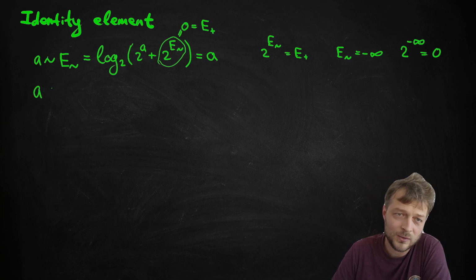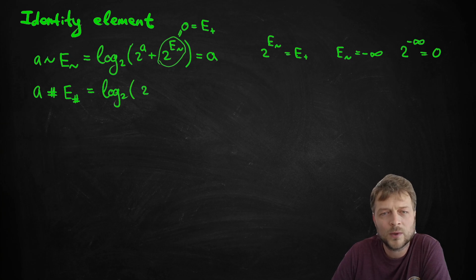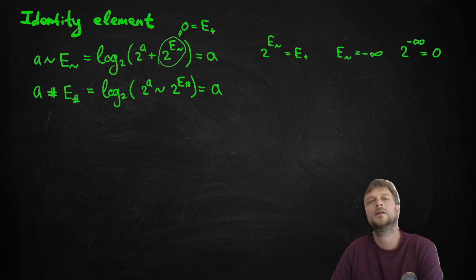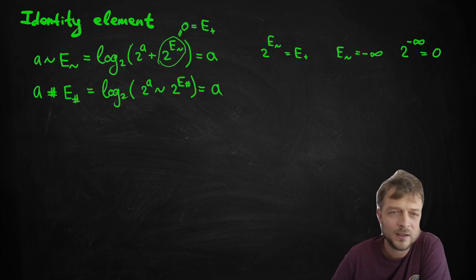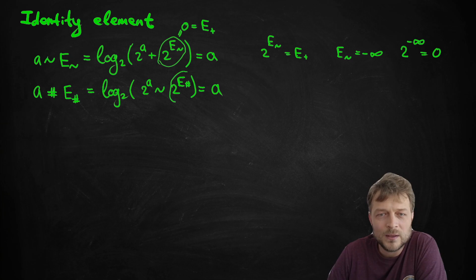Let's now consider a sharp, E sharp. This is logarithm 2 of 2 to the power a tilde 2 to the power E sharp. And we want this to be equal to a, because E sharp is the identity. In order to achieve this, this term has to be equal to the identity element of tilde.